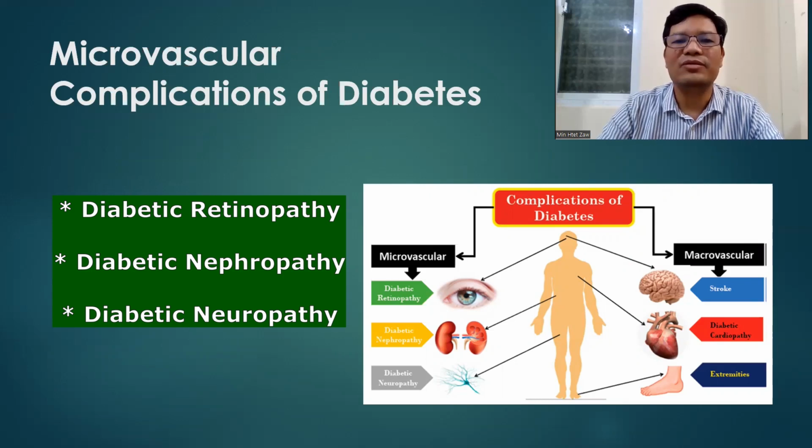Macrovascular complications of diabetes involve the brain, such as stroke, and heart, such as diabetic cardiopathy, arrhythmia, and other heart attacks. And also extremities, such as feet, involving peripheral arterial diseases.